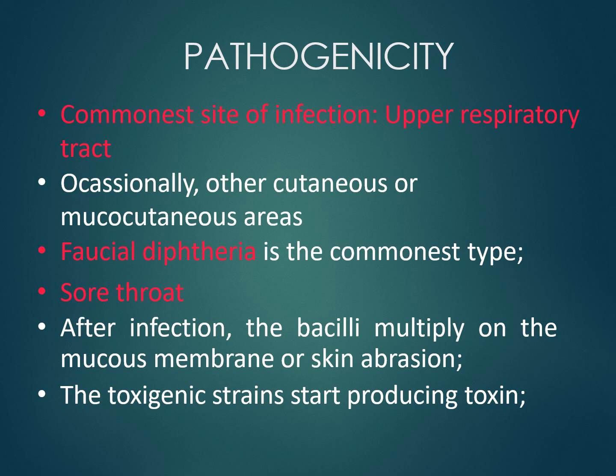The most common symptom is a sore throat. Once after the infection, the bacilli multiply on the mucous membrane or skin abrasion. If it is a toxigenic strain, the bacteria produce a toxin, and the diphtheria toxin which enters the blood is known as toxemia.